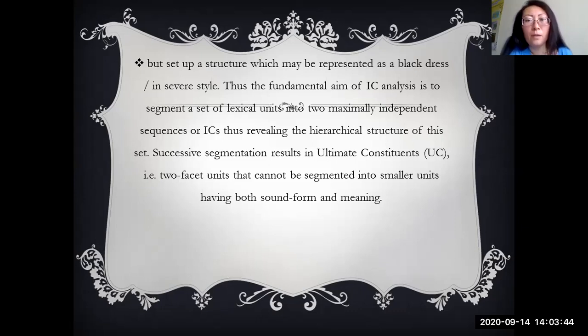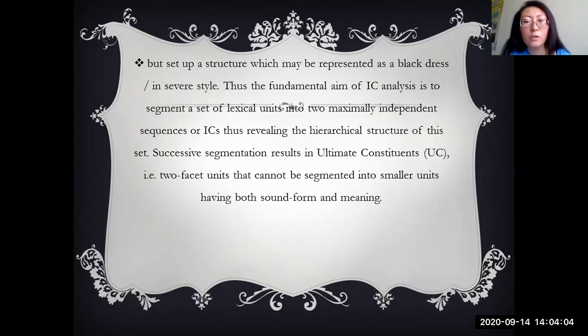Thus, the fundamental aim of IC analysis is to segment a set of lexical units into two maximally independent sequences, or ICs, thus revealing the hierarchical structure of this set.